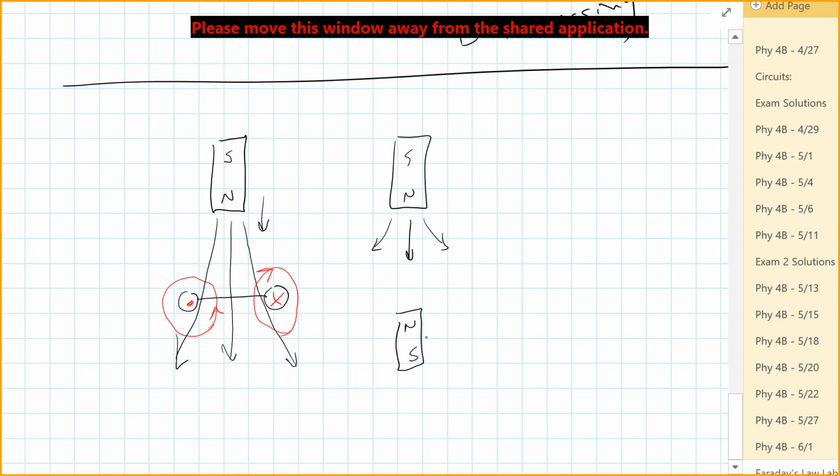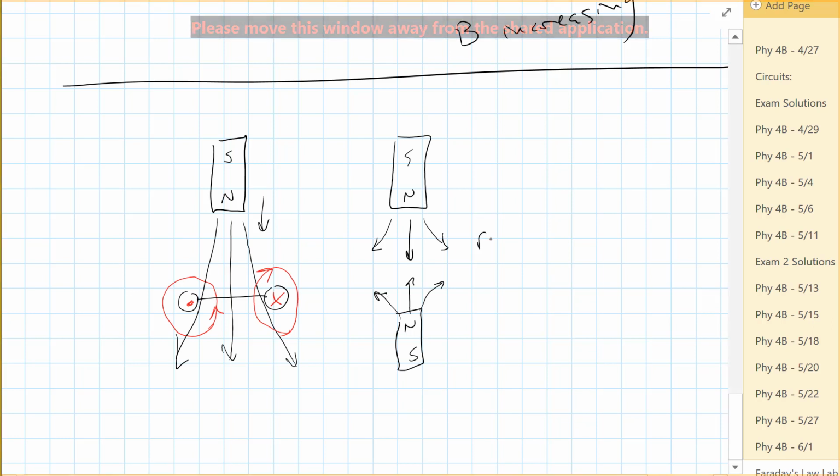With a north up and a south down. It creates the same magnetic field. We'll talk more about that. What do they do? They repel. So the motion of that magnet is slowed down as it falls toward the loop of wire.